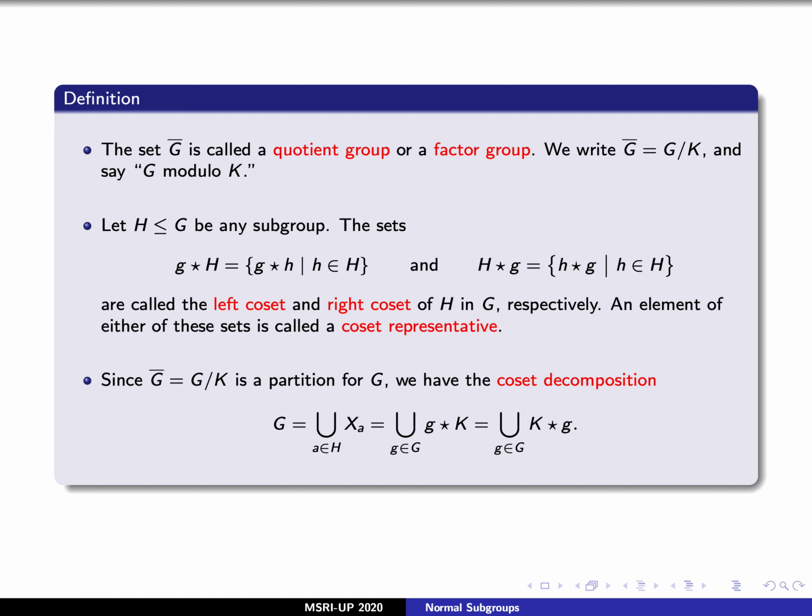That is, I can write G as the union over these fibers, where we union over certain elements a coming from our codomain H. And remember that we can either write this in terms of left cosets or right cosets. As long as K here is the kernel of a group homomorphism, both the left cosets and right cosets are equal.